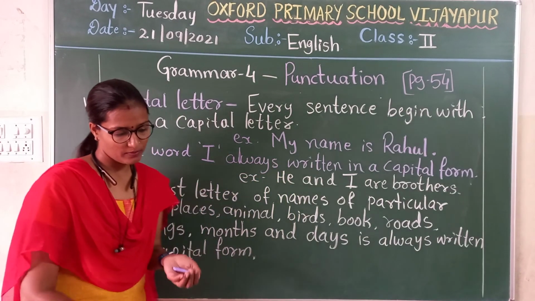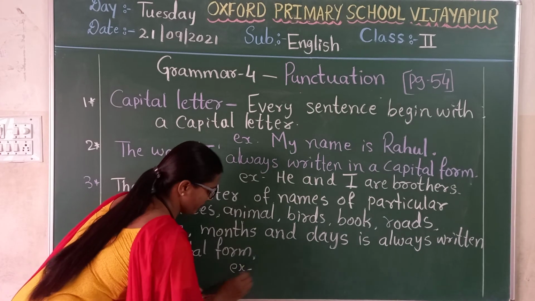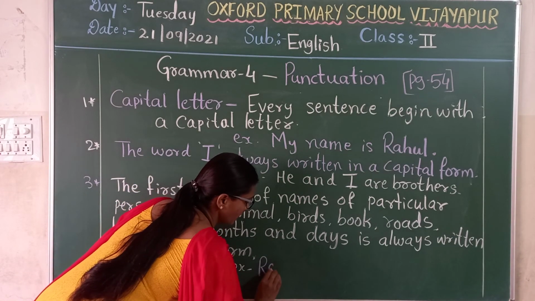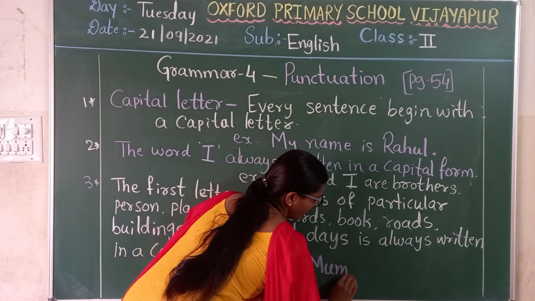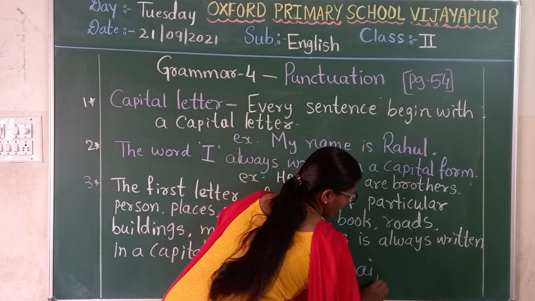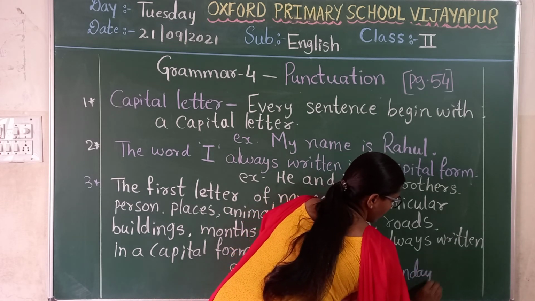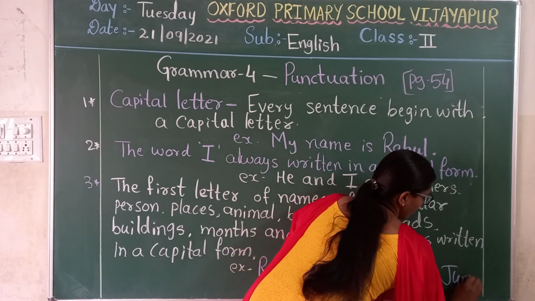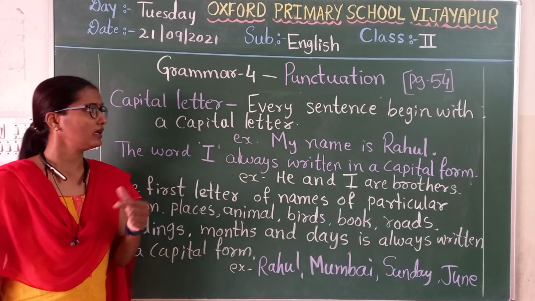Okay. For example: Rahul, Mumbai, Sunday, June. See, one more example I have given. So all these will start with a capital letter.